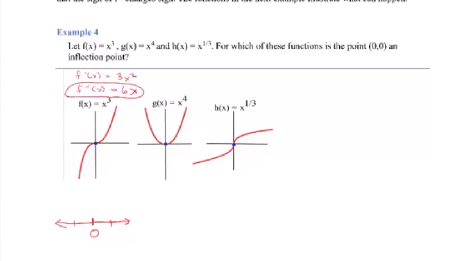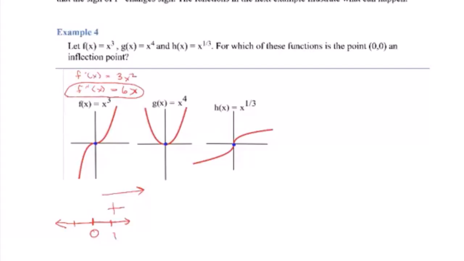So let's plug in 1. f double prime of x equals 6 times 1, which is positive. So on this side of 0, it's going to stay positive, it doesn't really matter what I plug in for x. We have a positive concavity, which means it's opening up.